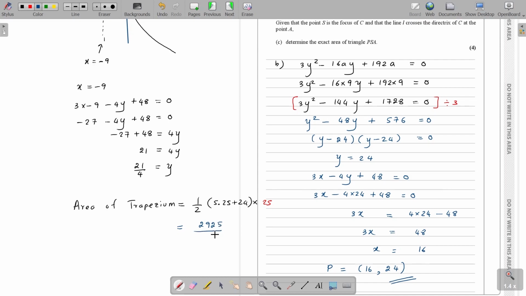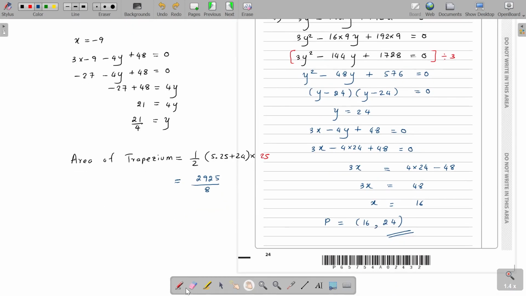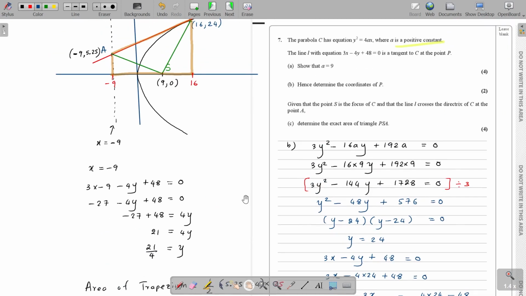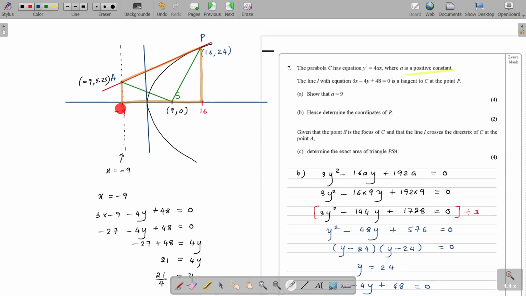Now let's get the area of the right angle triangles. Area of triangles is half into base into height. Let's add them up. What is the base of this first triangle? How much is this base? 18.